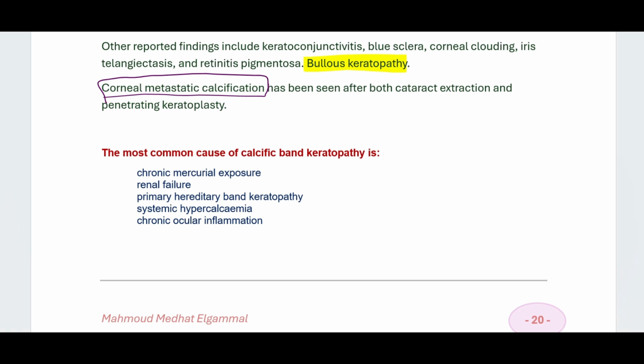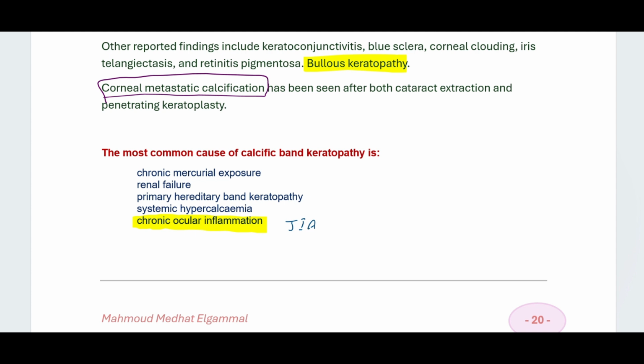Actually, the most common cause is chronic ocular inflammation, especially in patients with JIA, juvenile idiopathic arthritis.